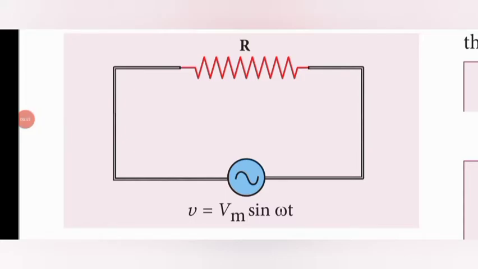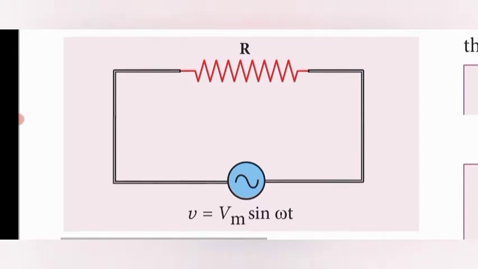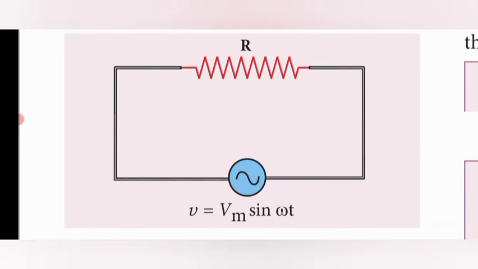Let us consider a pure resistor. The resistance value is R, connected to the alternating voltage. The sinusoidal wave symbol represents the alternating voltage being given. That value is V equals Vm sin omega t.